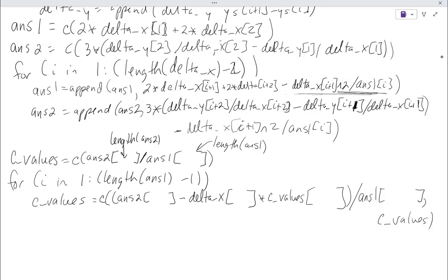Now I just got to figure out how to index appropriately, right? So when this is 1, I really want it to be that, don't I? When it's 1, I really want it to be the next one back, correct? If this n minus 1 is representing the length of your list, right?